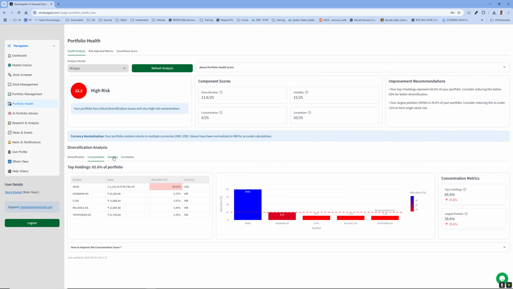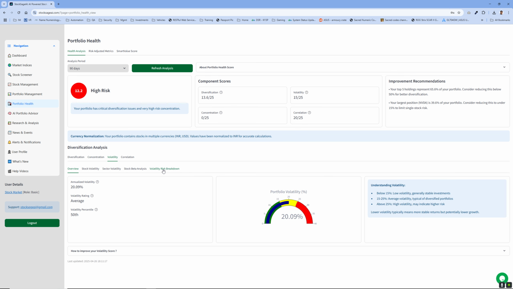Now, moving to the next point, which is the volatility. This is something primarily to figure out how volatile our portfolio is. Will it give us stable returns, or is it going to have a high volatility, and that might swing the portfolio when the market moves in either direction?